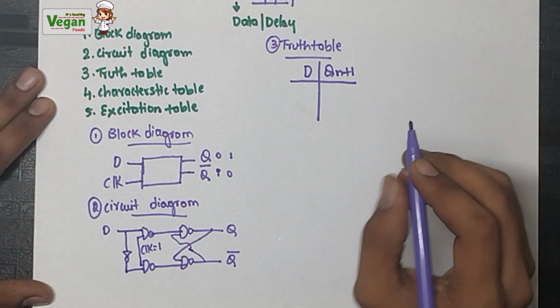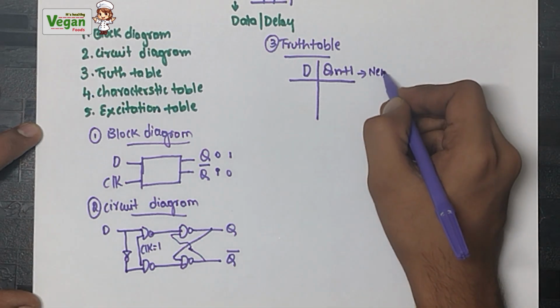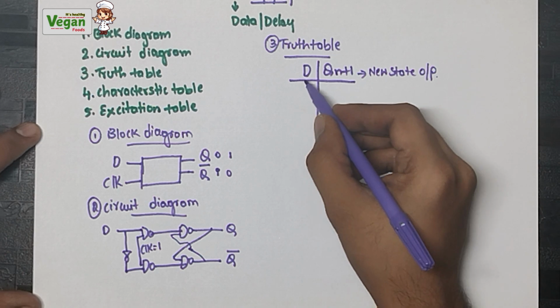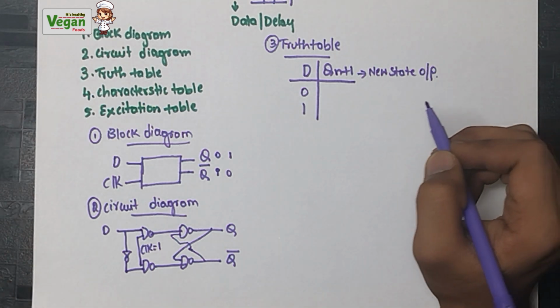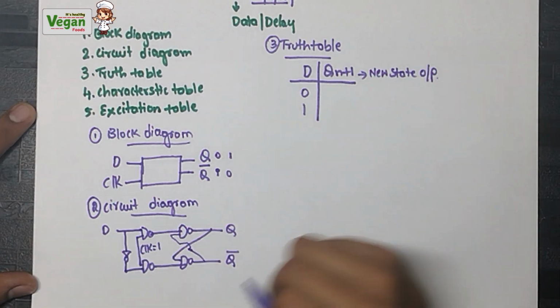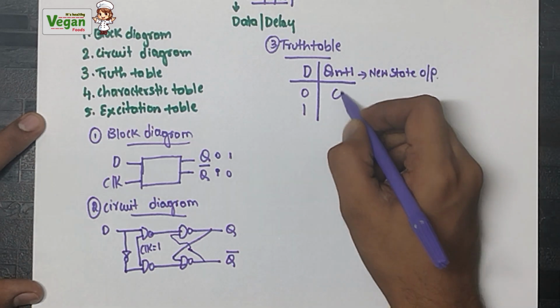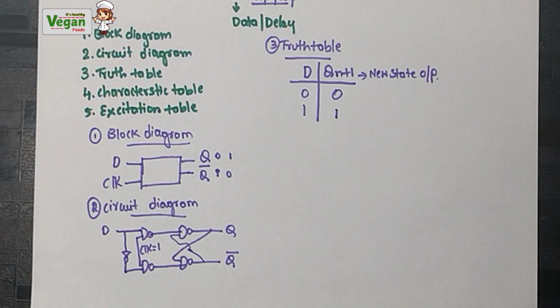The output will be the new state output. Since we have only one input, the combinations are 0 and 1. If D is 0, the new state output will be 0. If D is 1, the output will also be 1.